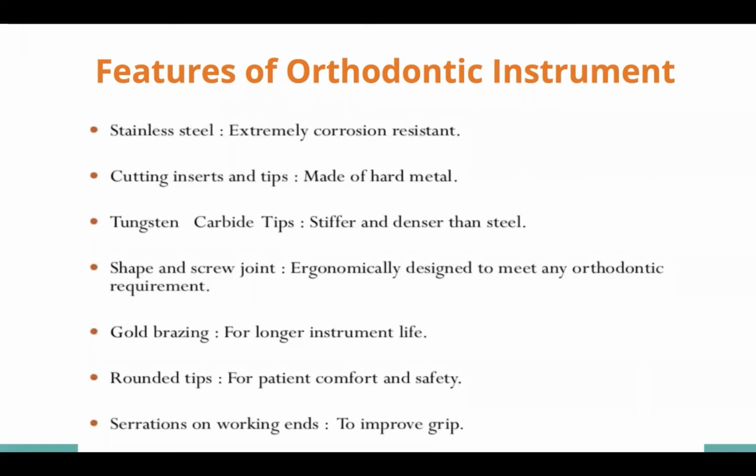And they have a serration on the working end. So for all the instruments when you buy, you see it should have serrations. They are very important because when you have a serration in the tip, it improves the grip of the instrument. Even in our residency, I remember when we were buying our instruments, we checked with our seniors because suppliers give you a variety of the range.